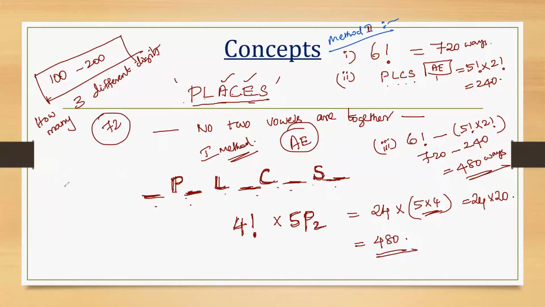My question here is, from 4,300 to 5,000, how many 4 different digit numbers are there?